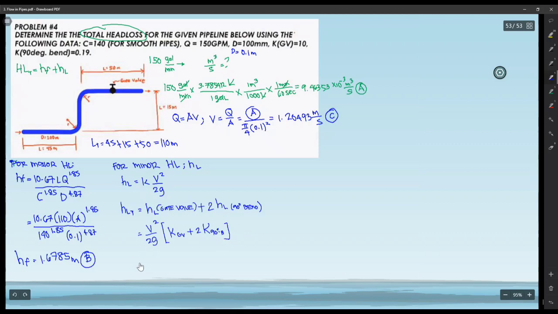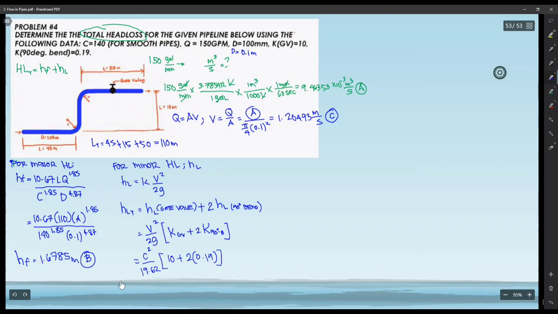To simplify the equation, i-ano ko na lang pala sa C, yung ginamit kong pinagtaguan ko ng value ng velocity. So C squared all over 19.62 multiplied by the quantity of 10 plus 2 times 0.19.